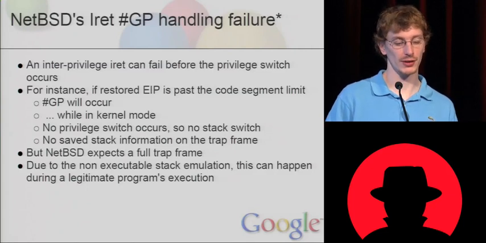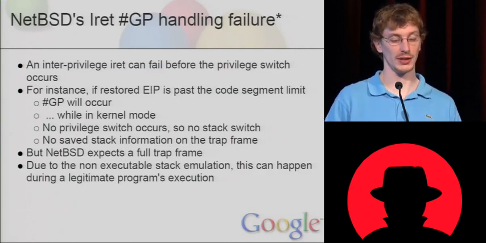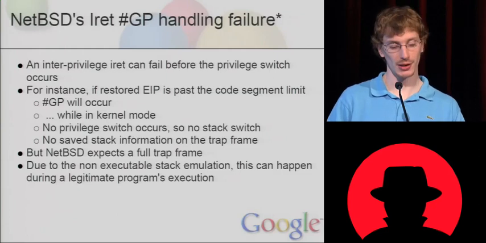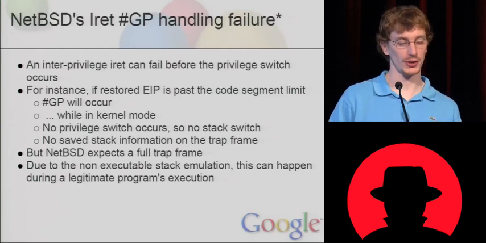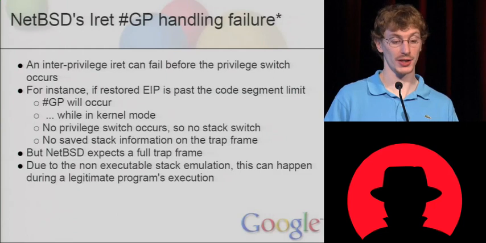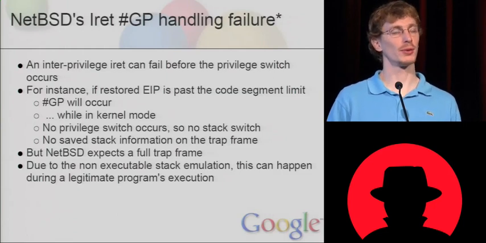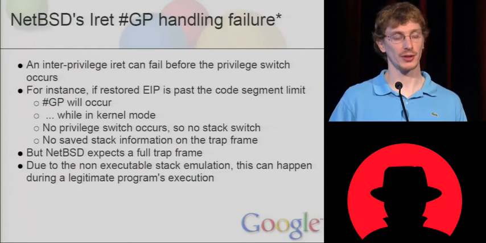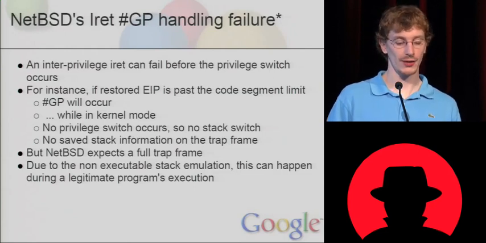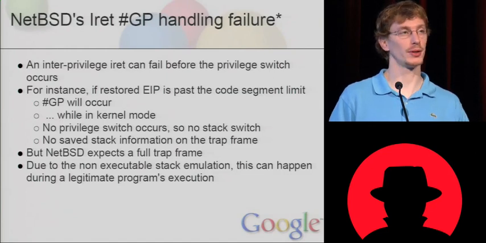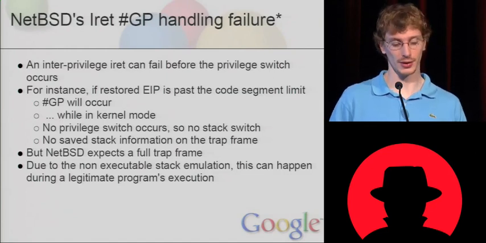So for instance, if the restored EIP is past the code segment limit, a general protection fault will occur while in kernel mode. So no privilege switch will occur. So what difference does it make that no privilege switch occurs? Well, if no privilege switch occurs, no stack switch occurs between userland and kernel-land stacks.